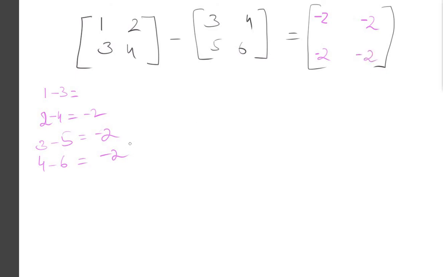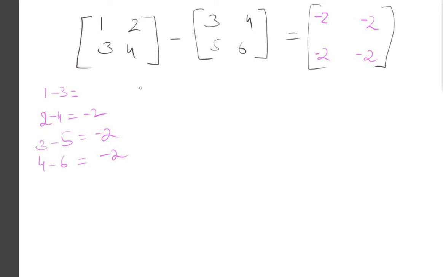So that is how you deal with subtraction. So the rule of the game for addition and subtraction doesn't change. It is just that we are dealing with two matrices at an individual element level.